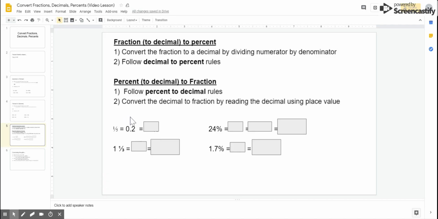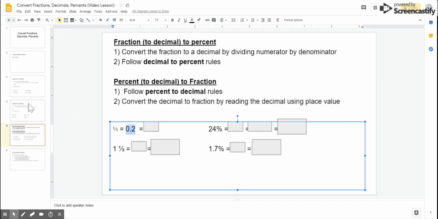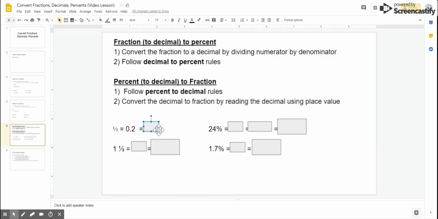And from there, you're going to follow the decimal to percent rule. The decimal to percent rule says to a percent, 2 to the right. So start at the decimal and now go 2 to the right. 1, 2. And then you end up at 20%.